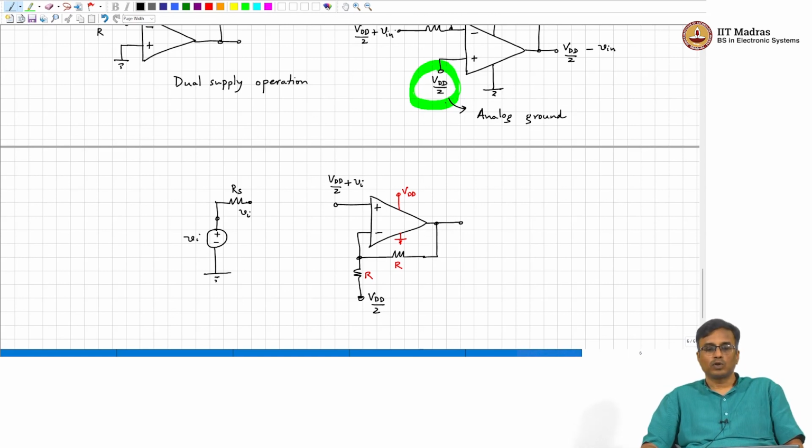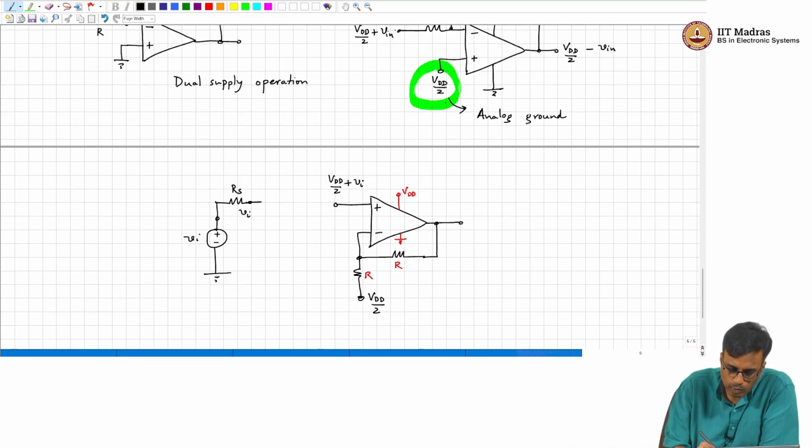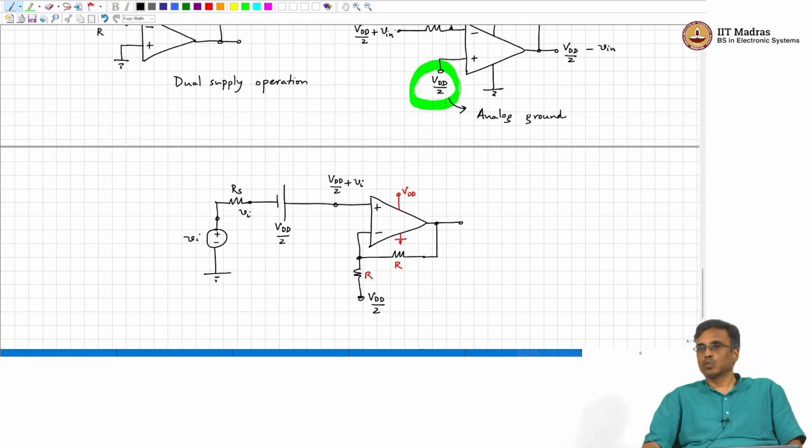Okay. So, what do you think we could do? Connect a voltage source in series. Ideally, in principle, what we want to do is connect a voltage source in series of value VDD by 2. All right. We'll see how we can get this voltage source in a little bit.